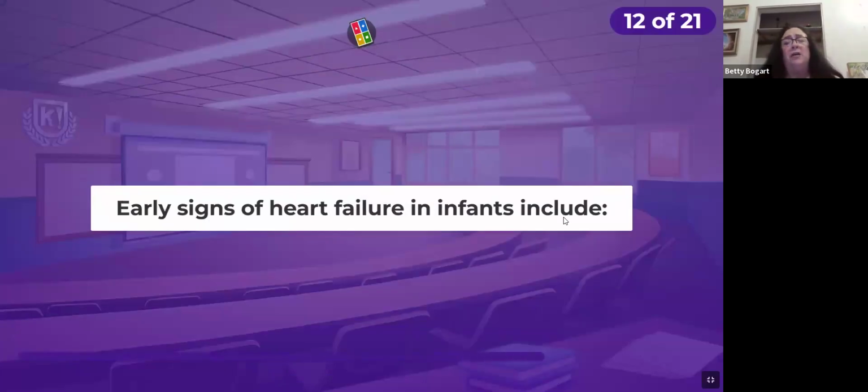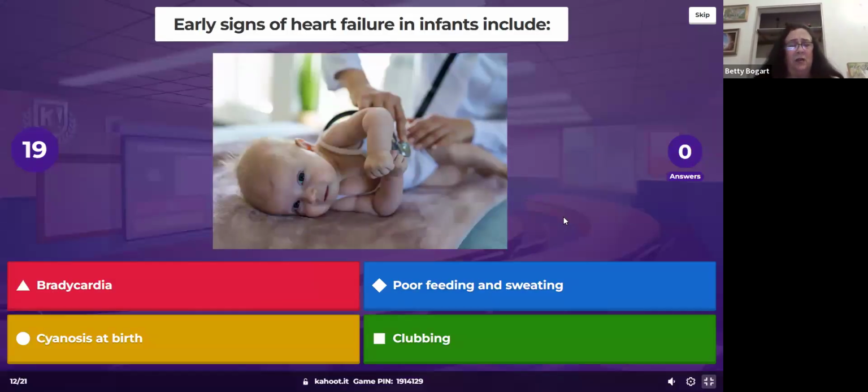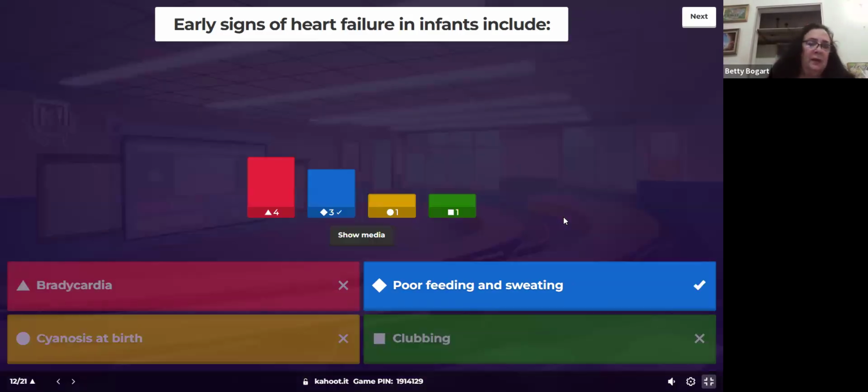Early signs of heart failure in infants include, you might see a weight gain, but a weight gain with this, we know something's going on. It's going to be poor feeding and sweating.